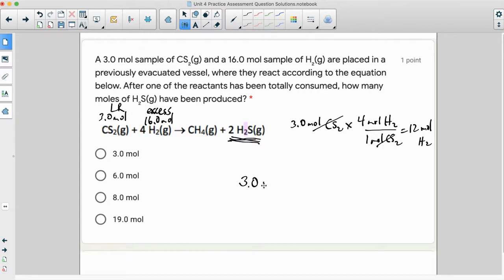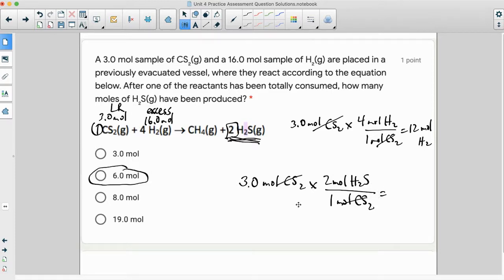So 3.0 moles of CS2, and then times 2 over 1, right? Because we're changing to our H2S, 2 moles H2S over 1 mole CS2, and we get 6 moles right here.